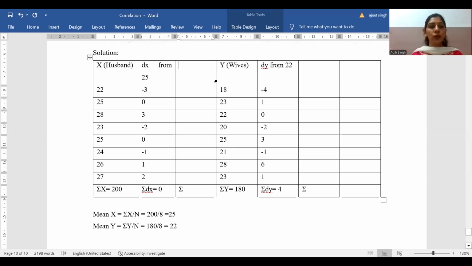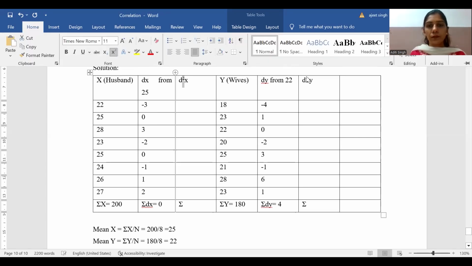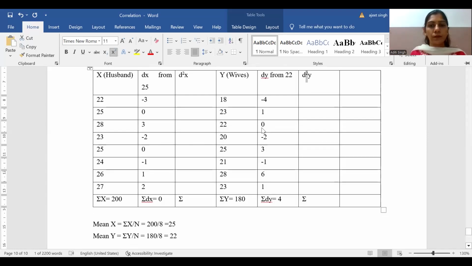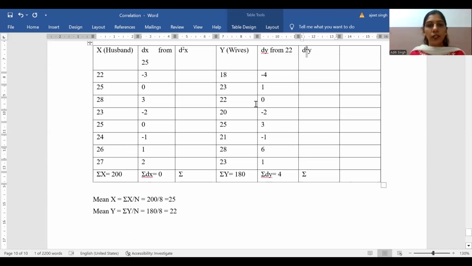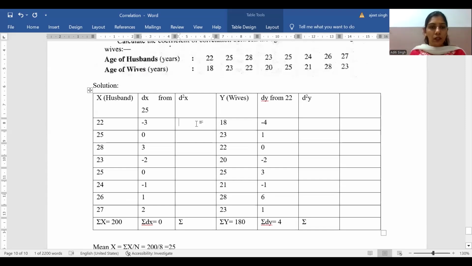Now we have to calculate d square x and d square y. So let's calculate.